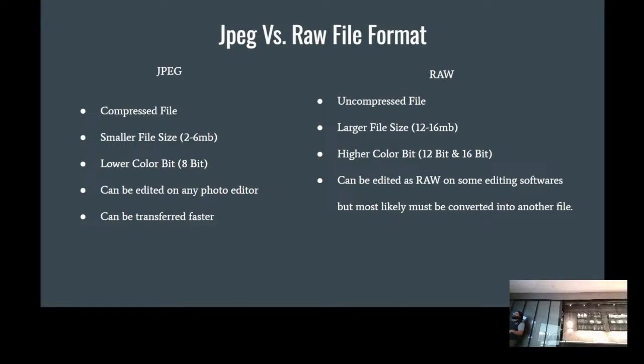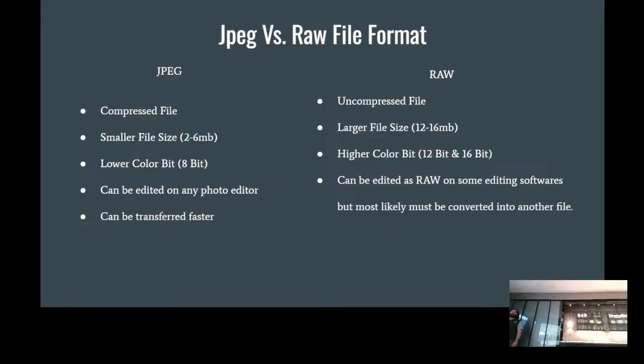And that's what I'll talk about in a second when we get more into the photo editing aspect, on what you would be able to change on a RAW. With a JPEG though, it can be edited on any editor. That's a really goofy one, but there are specific editing programs that do RAW photos.